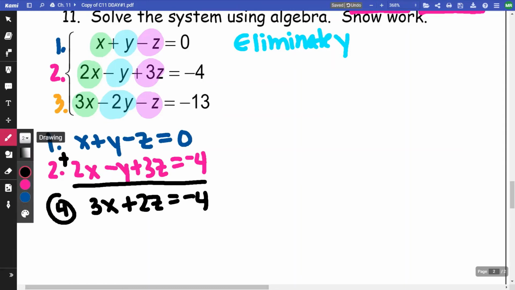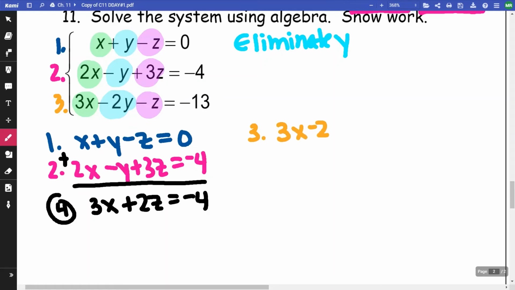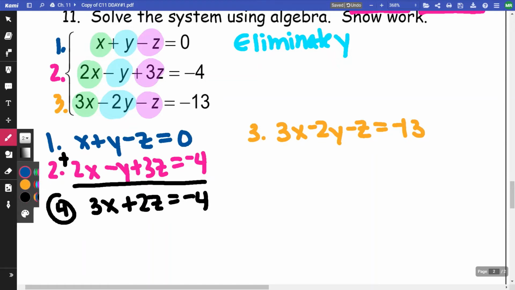I am now going to take equation 3, which is 3x minus 2y minus z equals negative 13. I think I'm going to use equation 1. And what I'm going to do, I'm going to write it up here. I'm going to use equation 1, and I'm going to multiply equation 1 by a 2 if I'm trying to get rid of my y's.